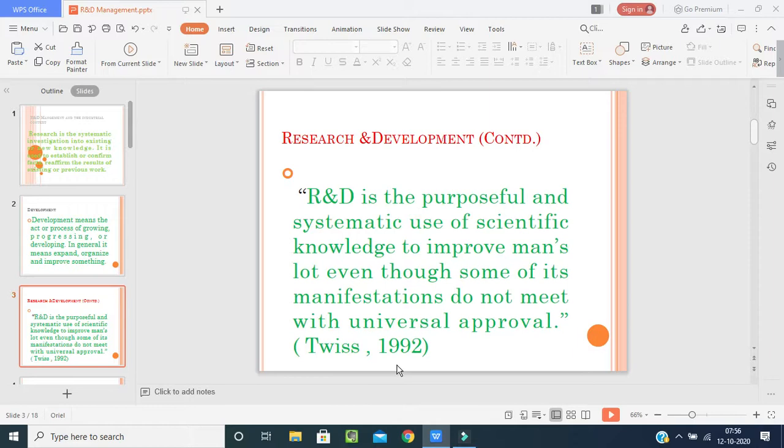The scientific knowledge will help to improve man's lot, even though some of its manifestations do not meet with universal approval. So the scientists will do the research on it again and again, and they will practice on it so that it is easy to gather the data and information, so that it will meet with universal approval.